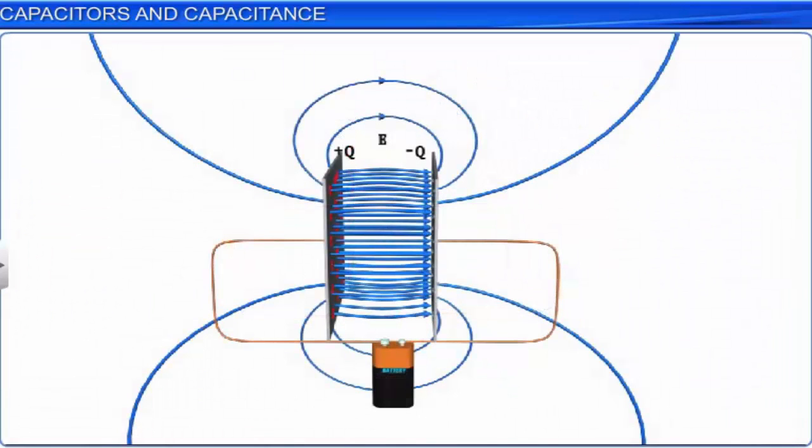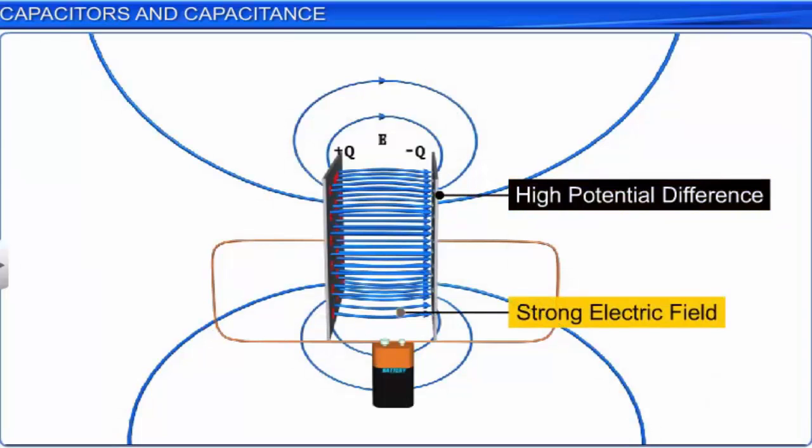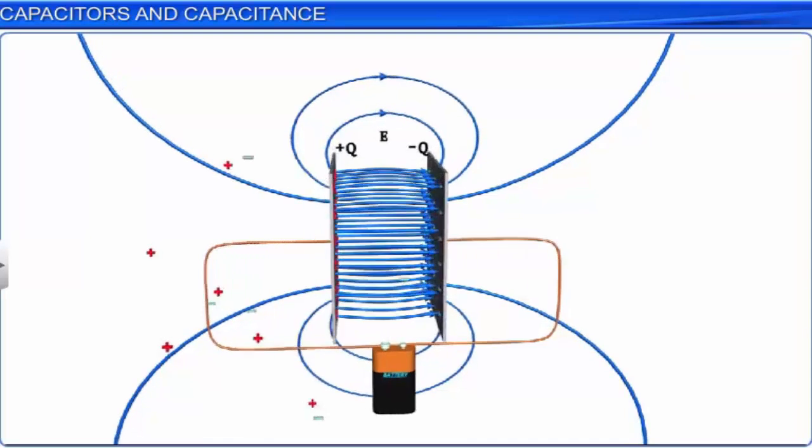For a capacitor having a very high potential difference between its plates, there exists a strong electric field between and around the plates. This strong electric field can ionize the surrounding air.